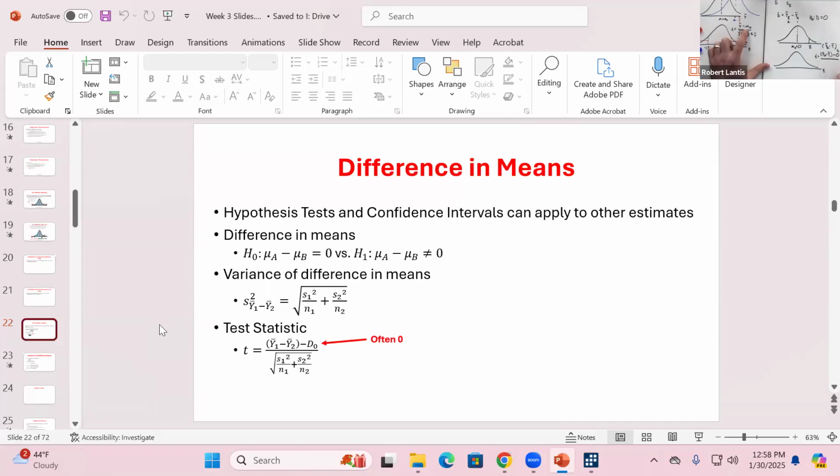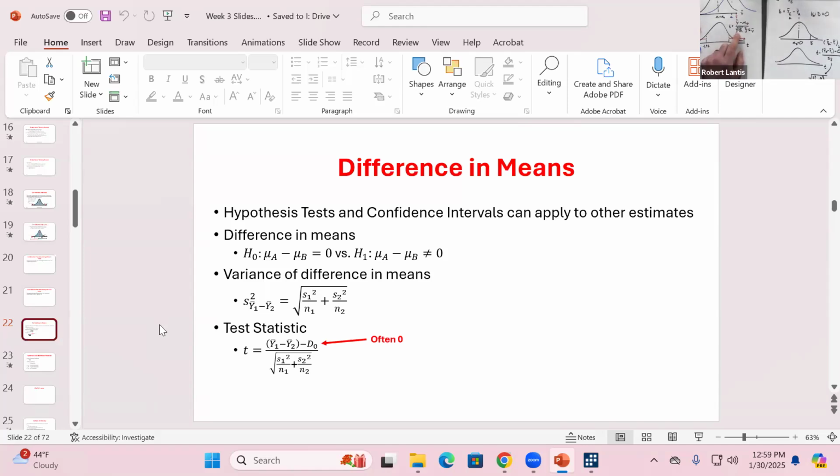And I'm dividing by the standard deviation of the sample statistic I'm interested in. The sample statistic I'm interested in is the difference in sample means. So how am I going to find the standard deviation for that difference? Well, if you go back to 370, anytime you have two populations, to get the variance of a difference, you take the variance of each group and divide it by its sample size. Just like what we had before, it's just now we have two groups.